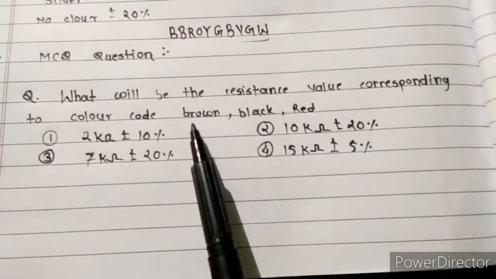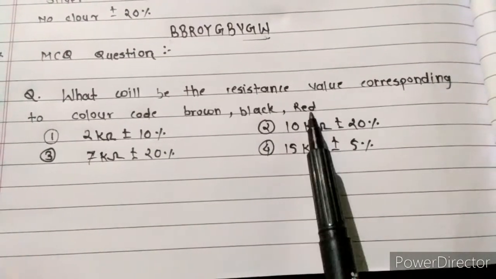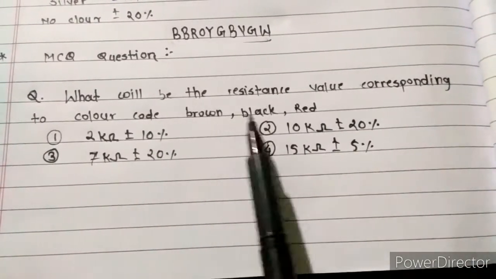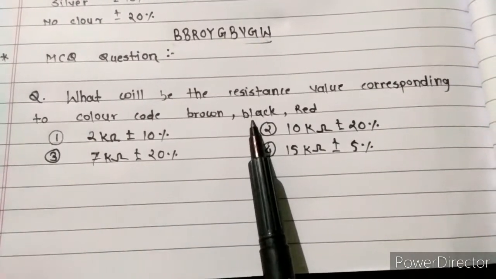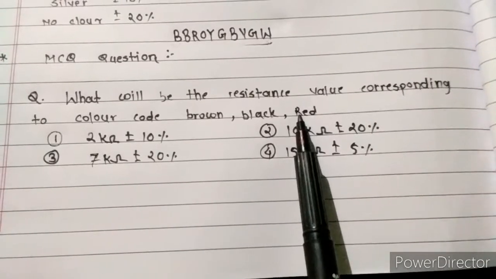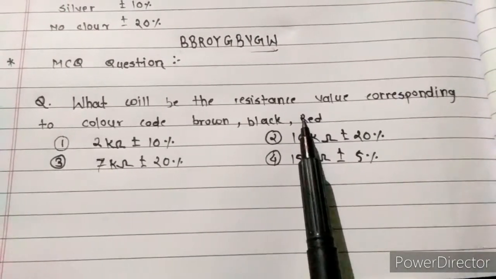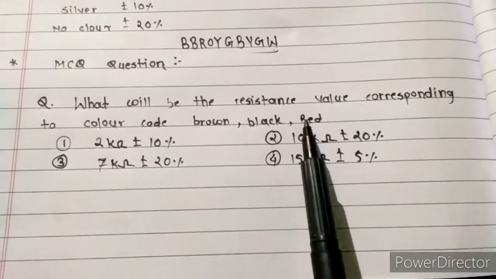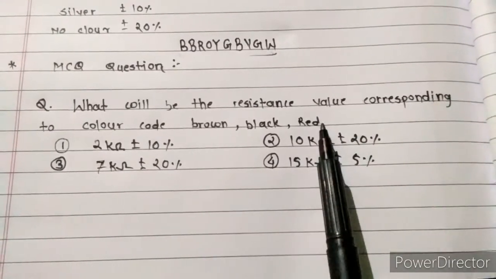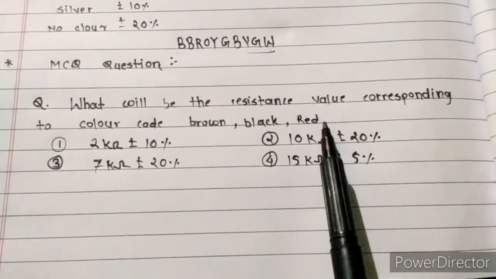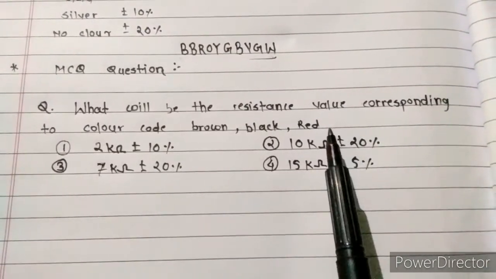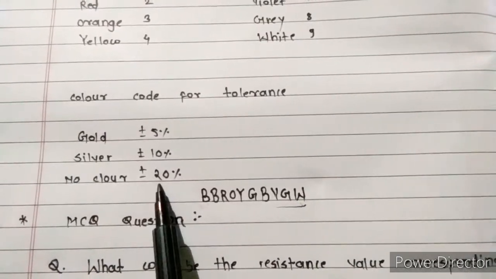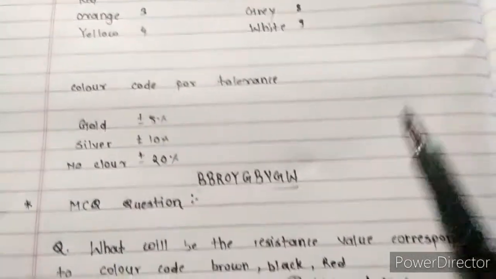Here the first three bands are given: band A, band B, band C. Band A and B give our first two digits and band C gives the number of zeros added behind the first two digits. Here the color for the fourth band is not given, and for no color we know the tolerance value is plus or minus 20%, so it is clear.